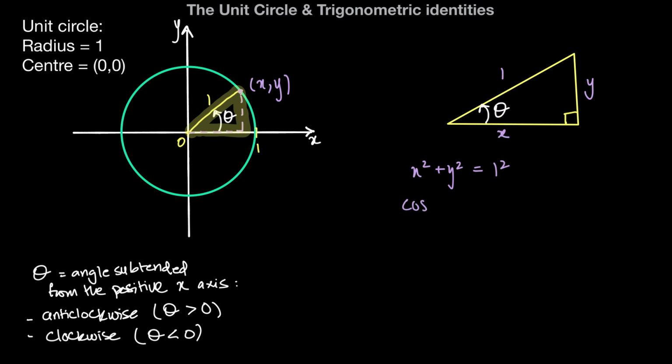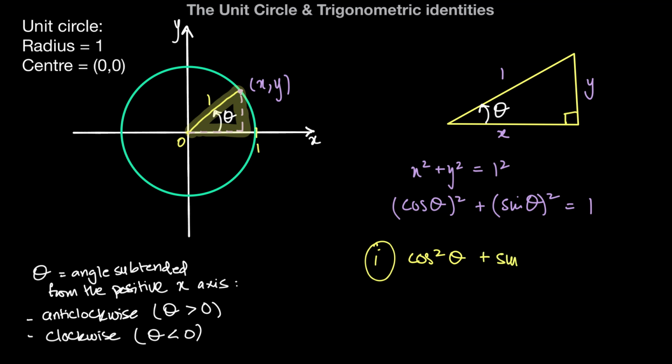So we can say that cosine of theta, the whole thing squared, plus the sine of theta, the whole thing squared, since sine of theta is just y over 1, is equal to 1. And the cosine of theta, the whole thing squared, can be written as cosine squared of theta plus sine squared of theta is equal to 1.